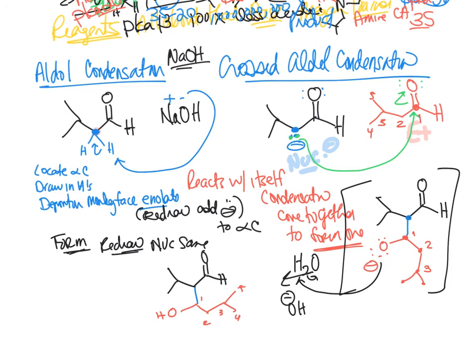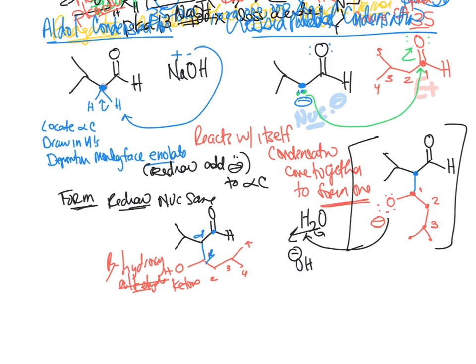This is called a beta hydroxy aldehyde. It could be a ketone, so it's kind of a beta hydroxy ketone, or it could be an aldehyde. But the whole point is, this is your alpha, there's your carbonyl, and this is your beta. So a beta hydroxy carbonyl.